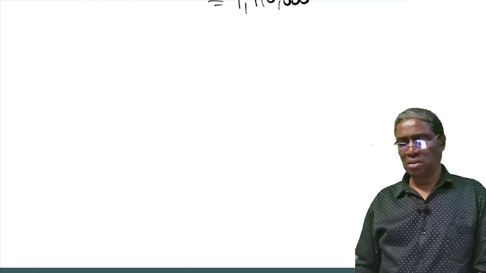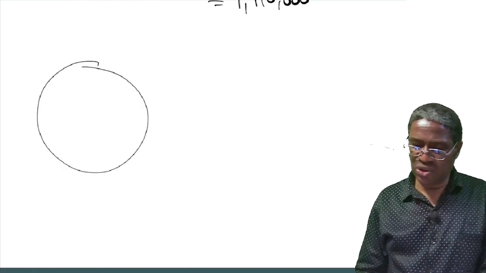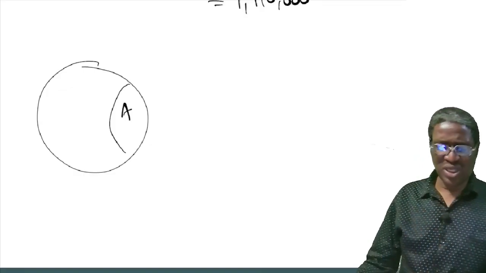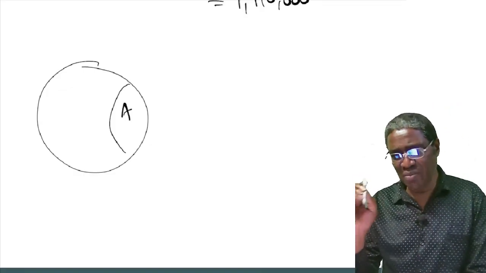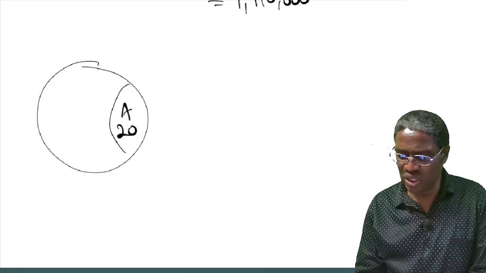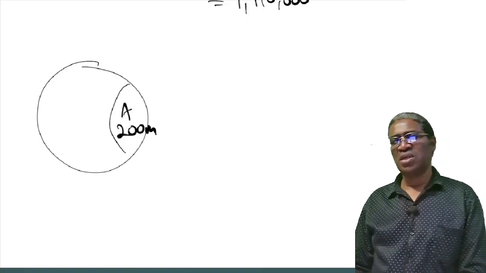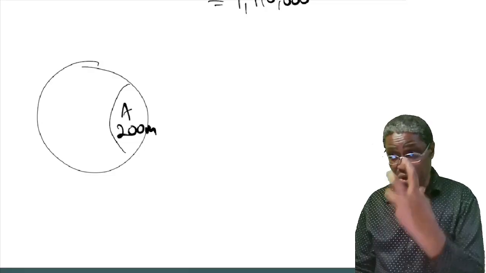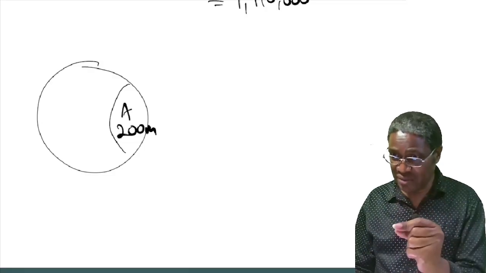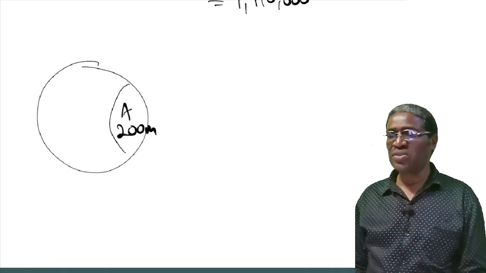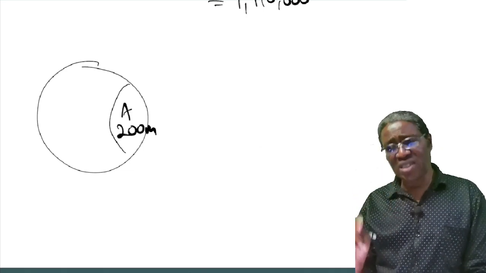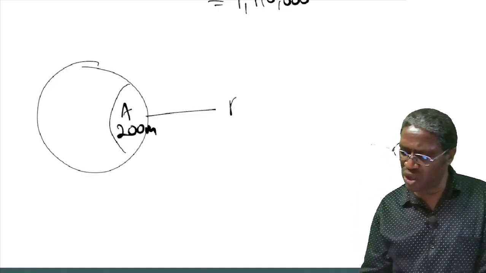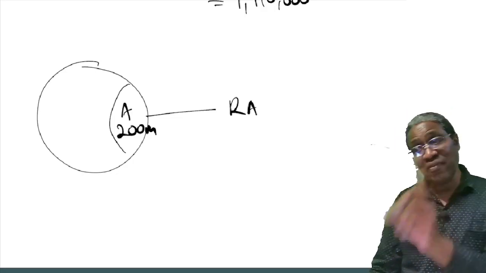As a company, you have an asset. Let's call it asset A. Assume this asset A has a carrying amount of 200 million. You want to know whether your asset has suffered an impairment loss. So you are supposed to calculate the recoverable amount.